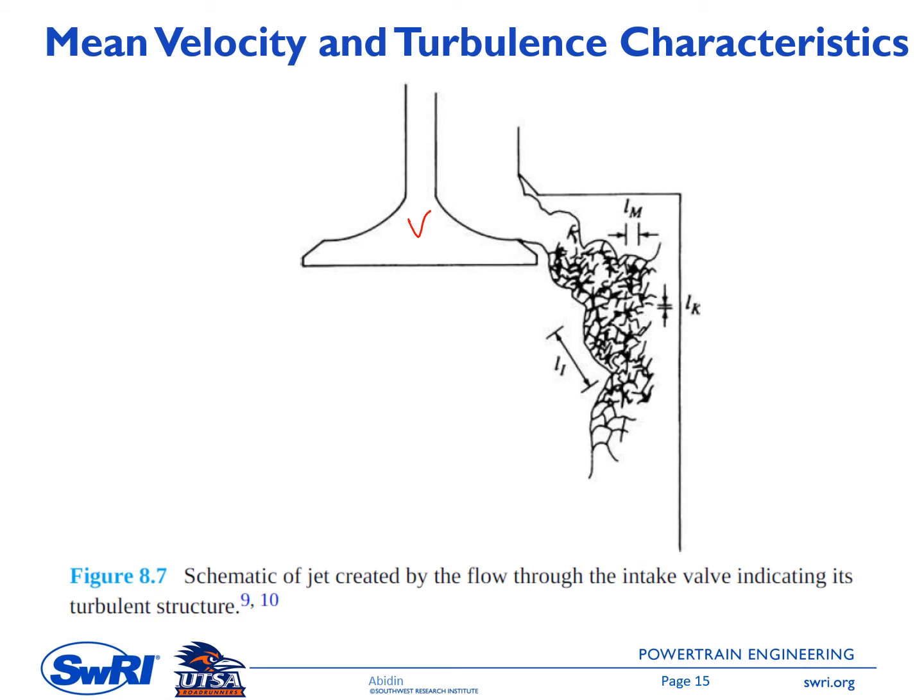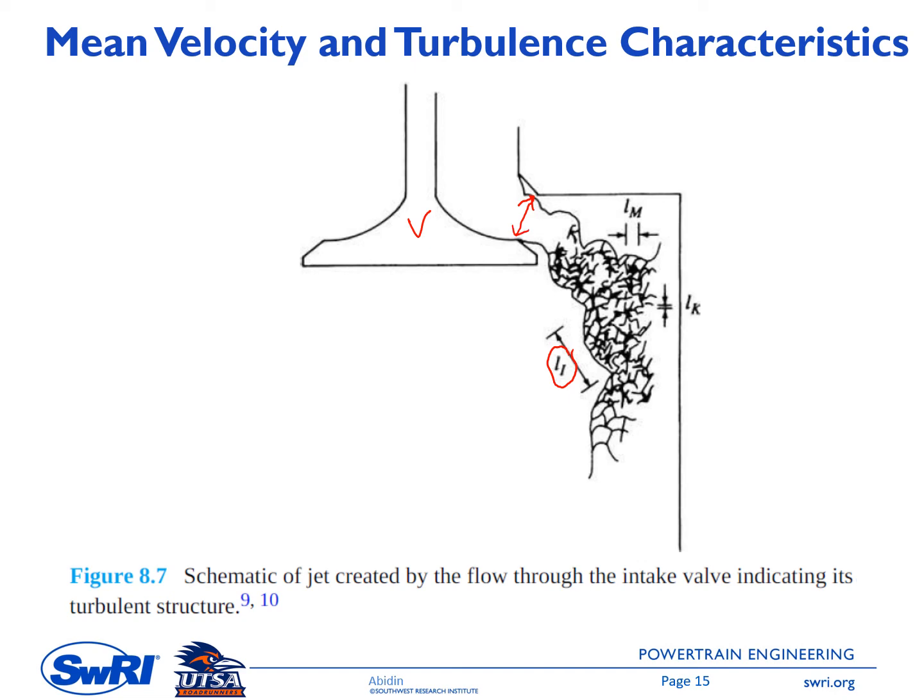The largest eddies, sometimes called the integral length scale, are represented by Li. These largest length scales are limited in size by the system boundary. The system boundary can be this gap distance. It can also be the valve lift.